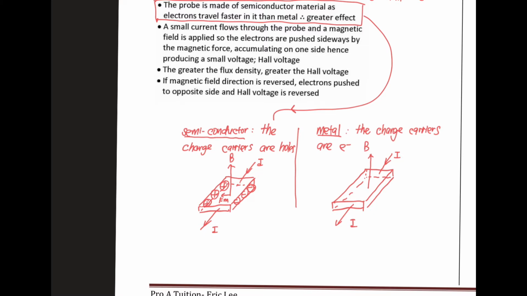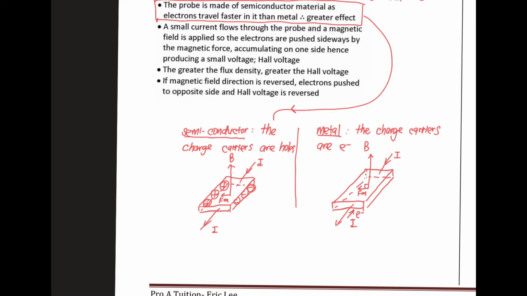So imagine that the electron is moving here, moving there. Based on Fleming's left-hand rule again, there is a magnetic force acting to the left, and the magnetic force pushes the electrons to the left.